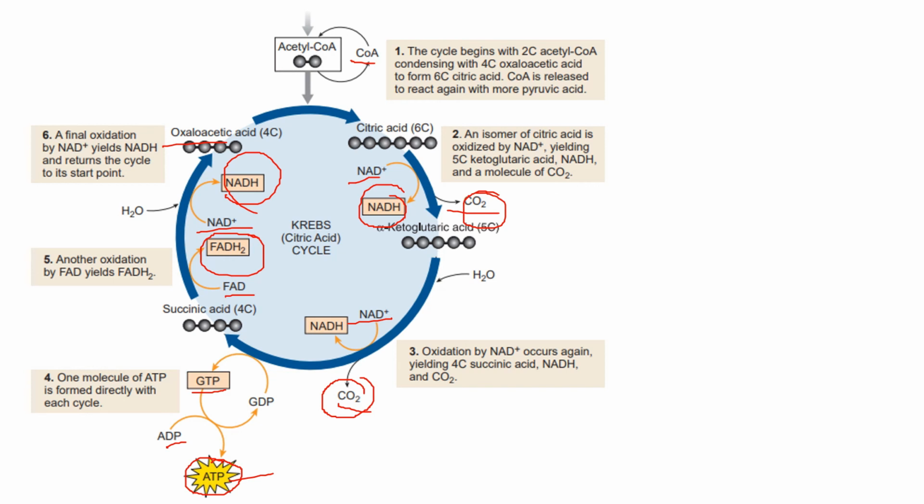As in this reaction, the molecules of NADH and FADH2 formed yield 11 molecules of ATP when oxidized in the electron transport chain. The other molecules in the cycle behave as intermediate reactants and products which are continuously regenerated as the cycle turns.